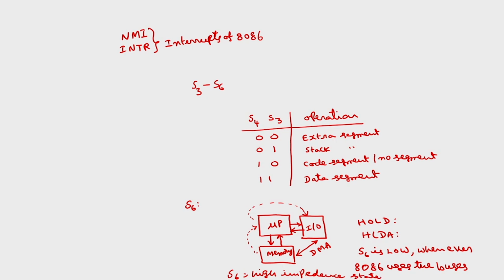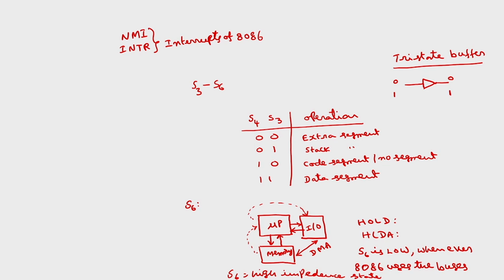What is meant by high impedance state? In digital terminology we know logic 0 and logic 1. If I take a tri-state buffer, a buffer is basically a current amplifier, but the input and output voltage will be the same. If I apply 0 here, the output is also 0; if I apply 1, the output is also 1. There are two states, logic 0 and logic 1.